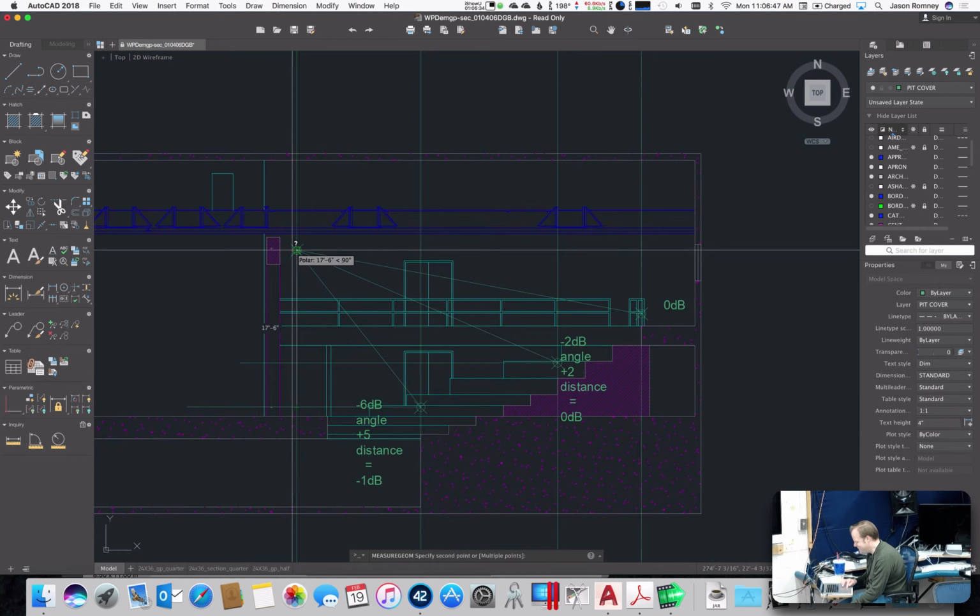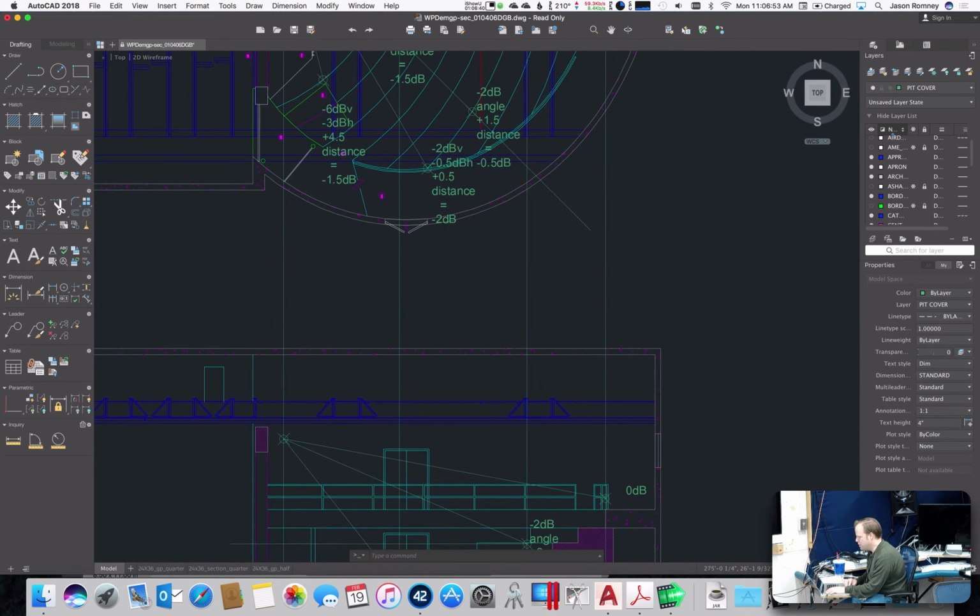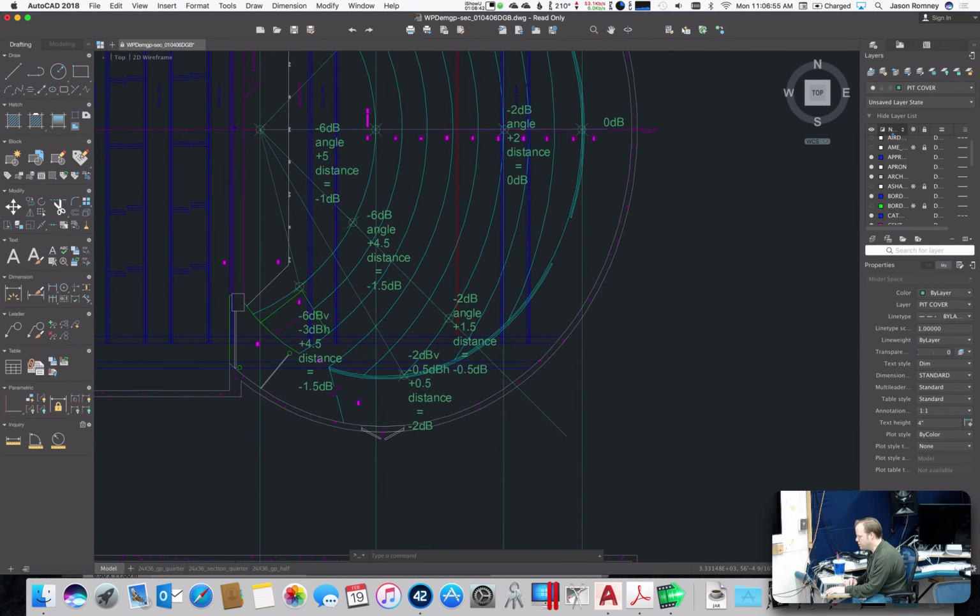Somebody wrote it down and remembered it. So those two distances, give me the actual distance now for that seat. Square root of A squared plus B squared. 25.66.